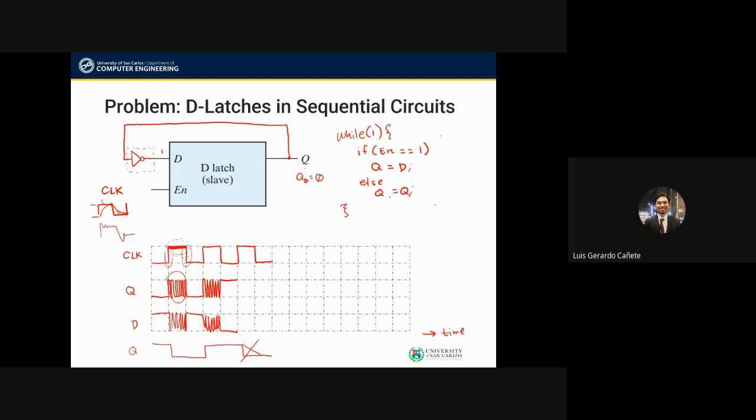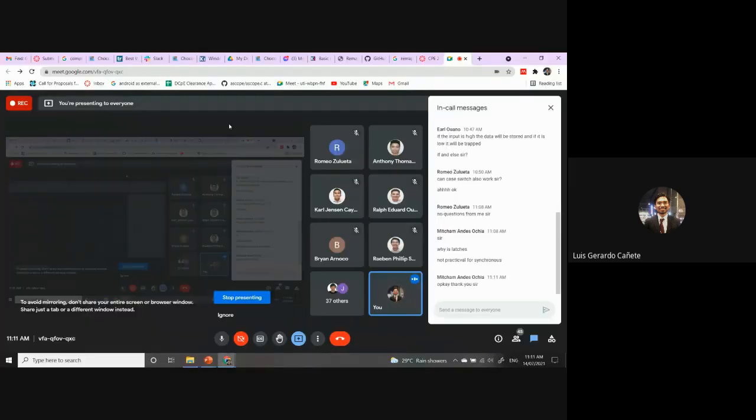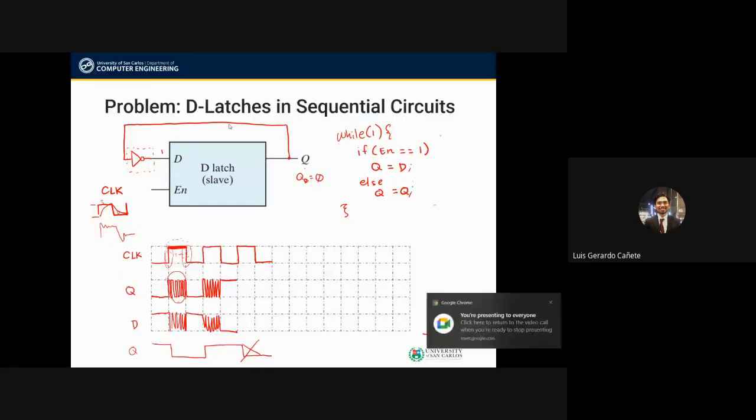So sequential circuits typically will not use D latches. They will use D flip-flops, or flip-flops in general. There are other types of flip-flops. Okay, is that clear? So that's why we don't want to use D latches, because of this unintended consequence of the D latch.